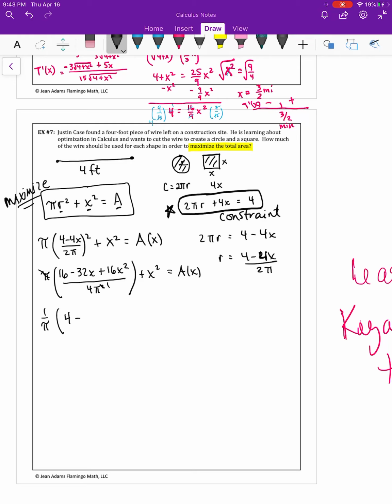One of these pi's can go away with one of those, okay? And I factored my 1 over pi out, and then I made like 16 divided by 4 is 4.